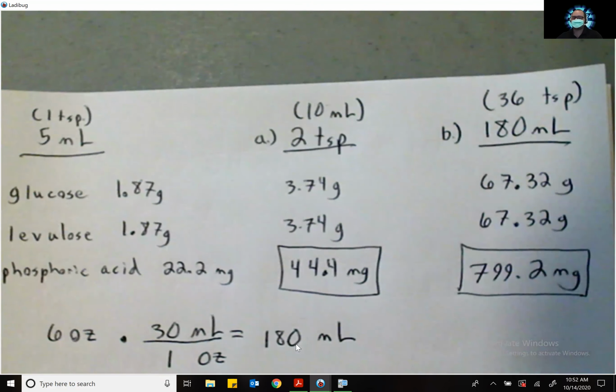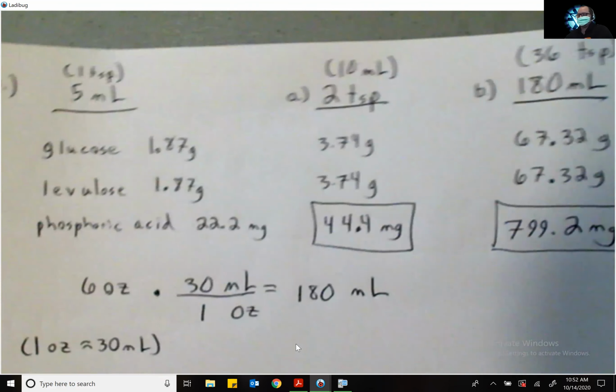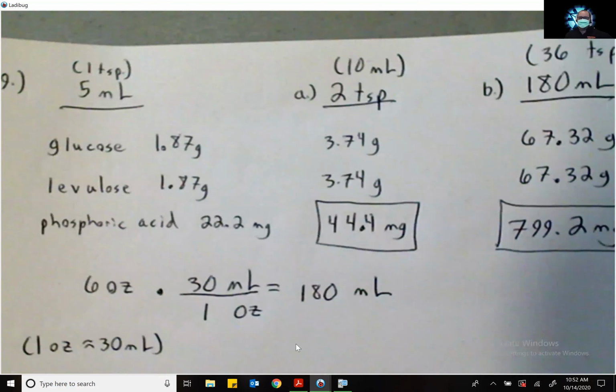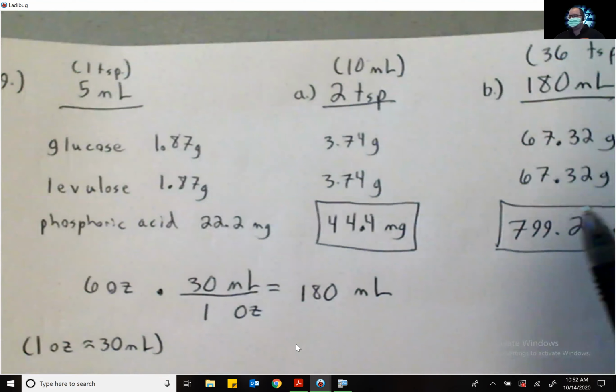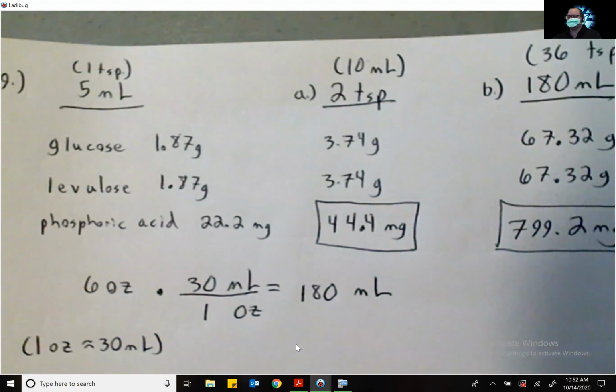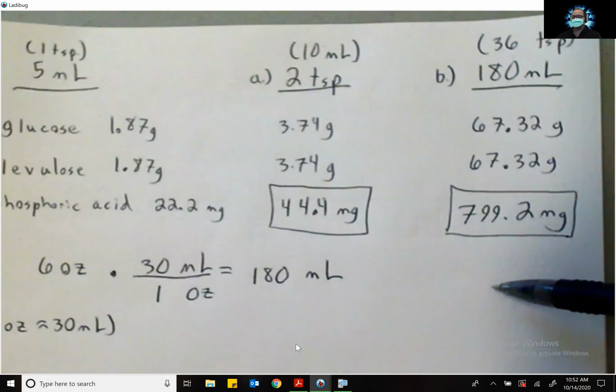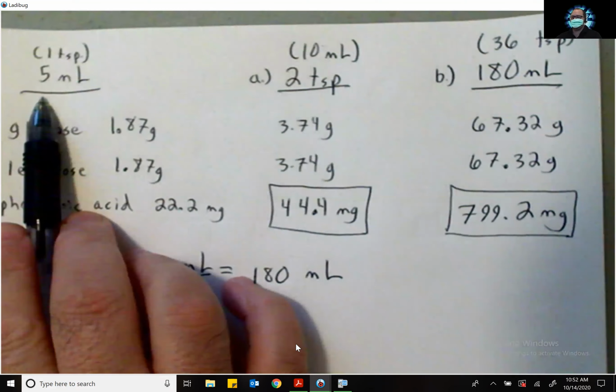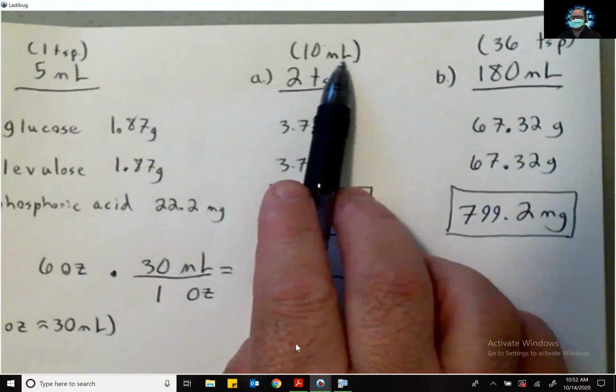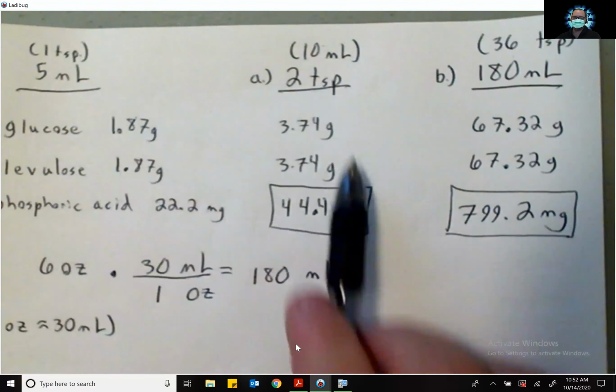So all this problem was about was doubling your recipe, or in the end, massively increasing the amount in your recipe. From 5 milliliters to 10 milliliters, all we had to do was double the ingredients.